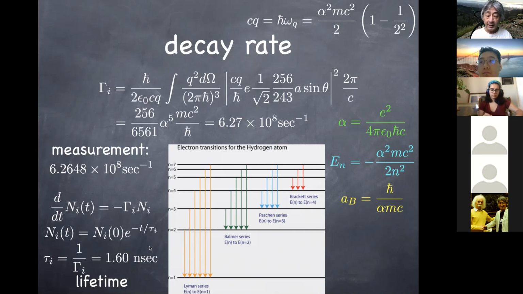And once you find this overall ensemble, then you can compute the average lifetime of the decay. So you take the ensemble average of this exponential over time, and the integral of this exponential is of course nothing but tau. So that's how you find this tau in the exponent to be the average lifetime of the 2p hydrogen atom over the ensemble.